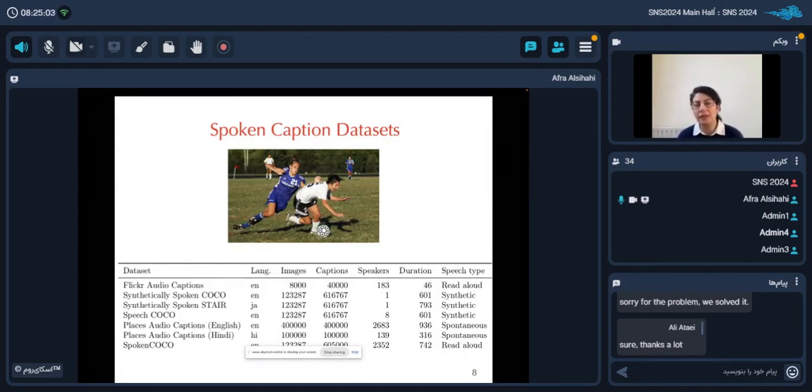This is not exactly the world from the point of view of a child, but it could be seen as some sort of an approximation of the experience of a child when they see visual data and at the same time hear some description of these visual scenes. So we can think of these sequences of image, spoken caption items as training items for our models.